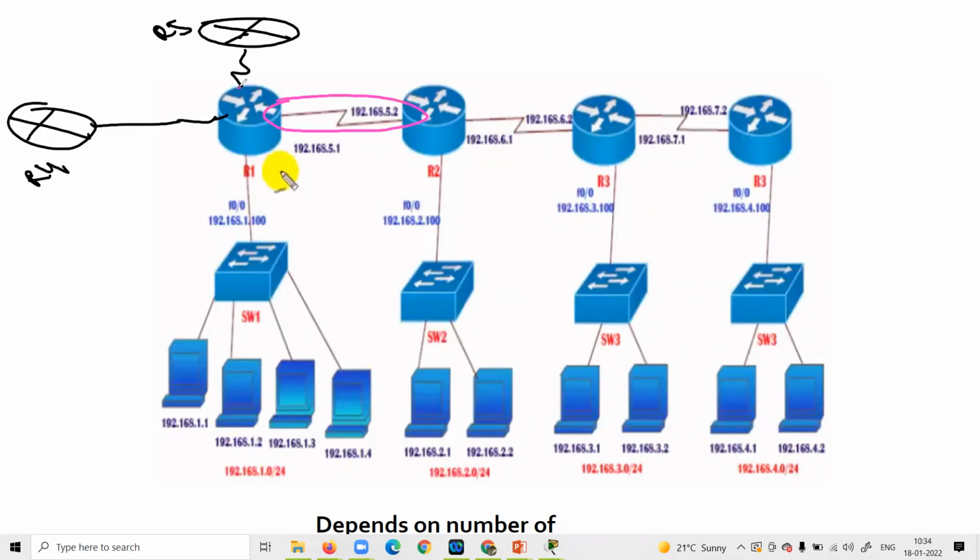Now this and this is another network, and this and this is another network. Okay, so this is your WAN 1, this one is your WAN 2, this one is your WAN 3, this one is your WAN 4, and this one is your WAN 5.